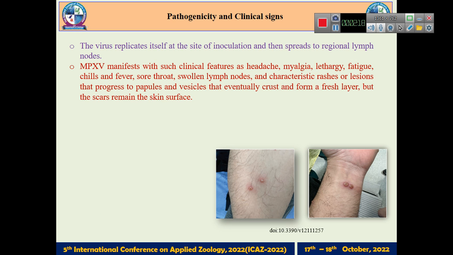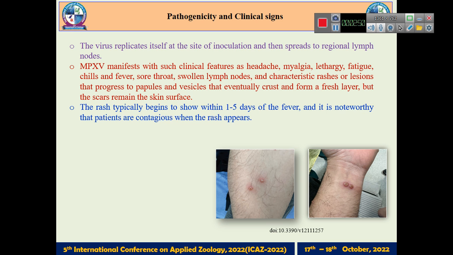Monkeypox virus manifests with such clinical features as headache, fever, sore throat, swollen lymph nodes, and characteristic rashes or lesions that progress to crusts that eventually fall off and form a fresh layer, but the scars remain on the skin surface.